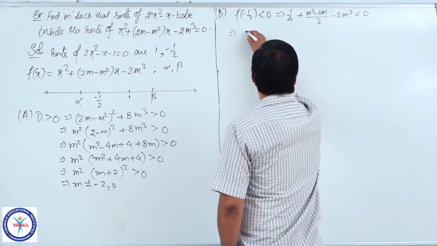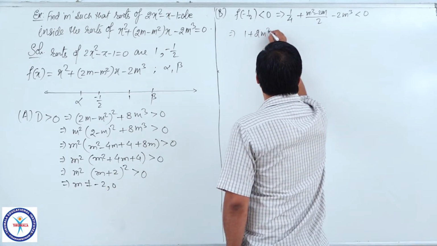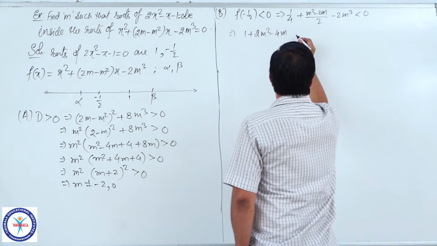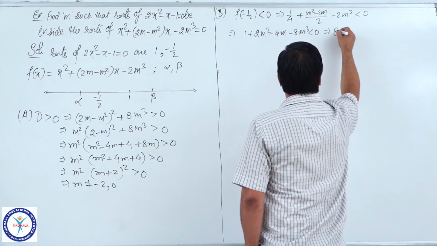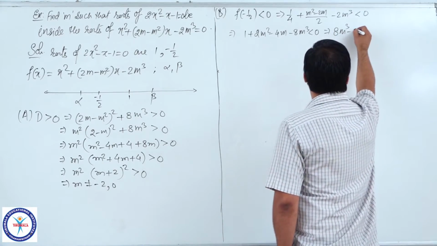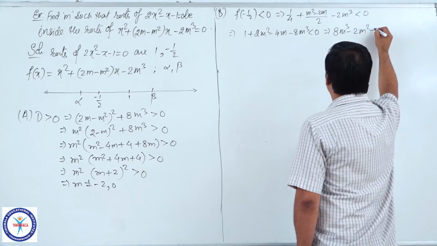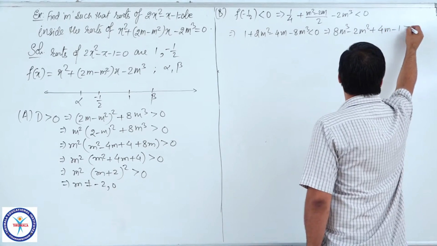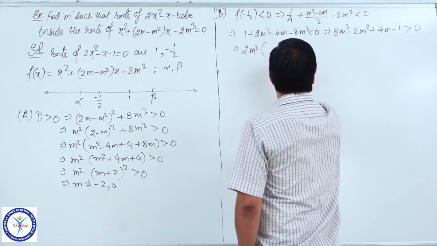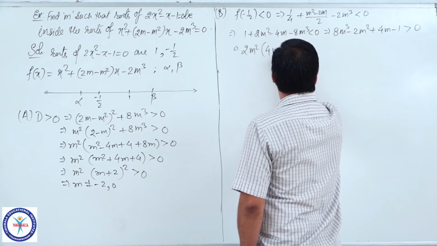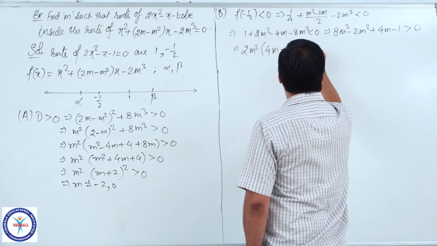This implies 1 plus 2m square minus 4m minus 8m cube less than 0, means 8m cube minus 2m square plus 4m minus 1 greater than 0. And we can factorize 2m square into 4m minus 1 plus 4m minus 1.